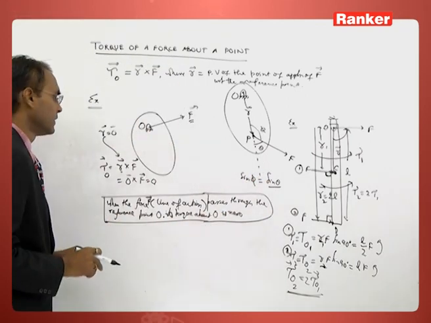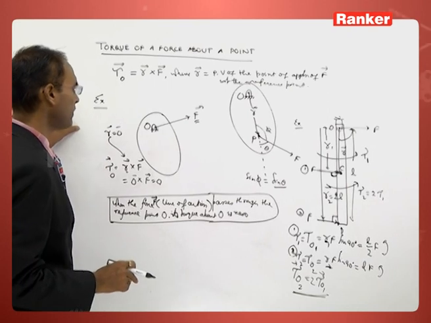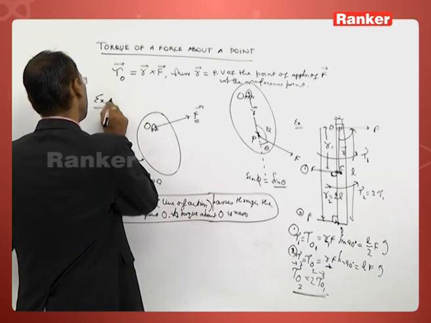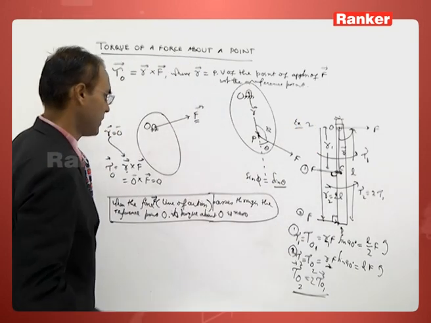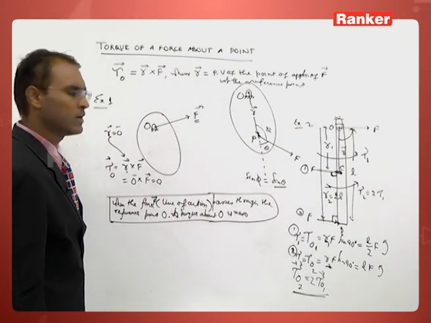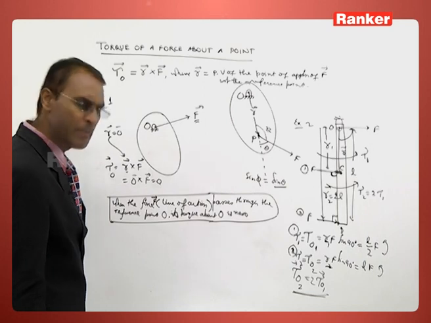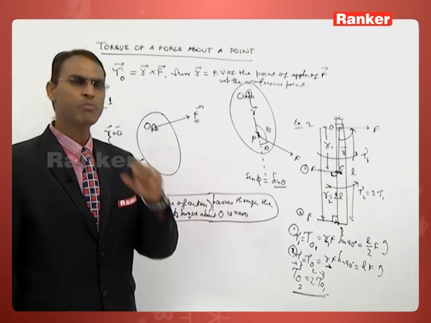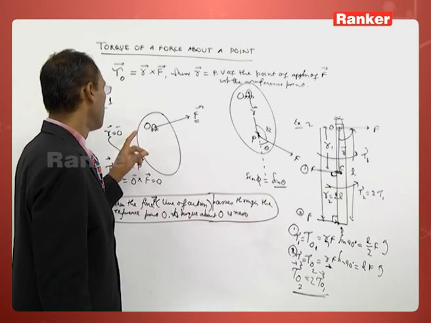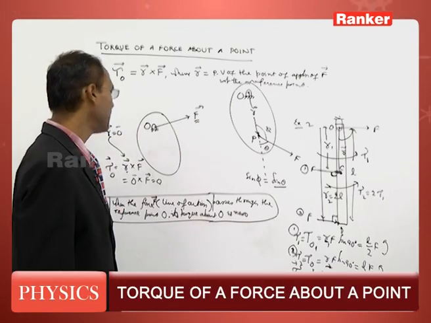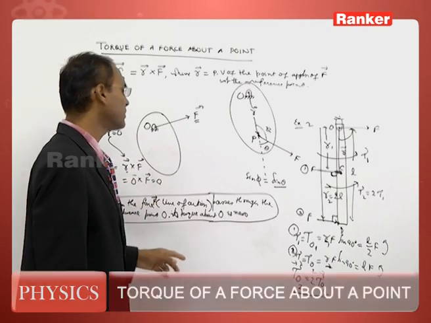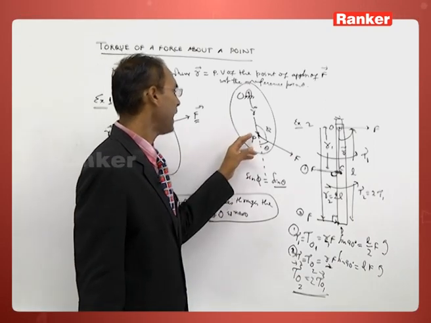So from these 2 examples, you can understand that the torque depends upon the reference point. With respect to a different reference point, the torque will be different, and also torque depends upon the angle theta.